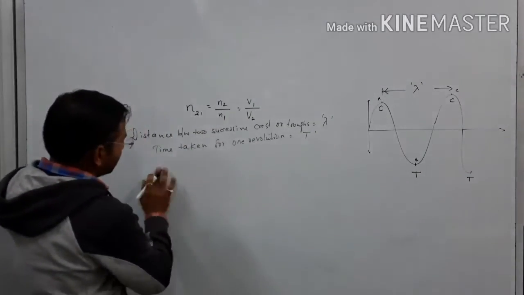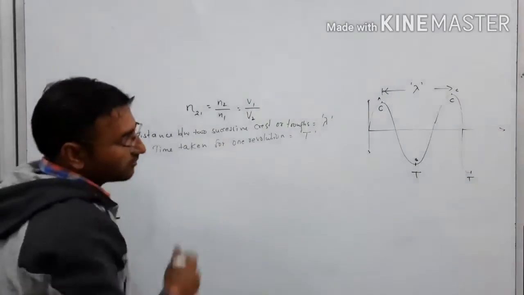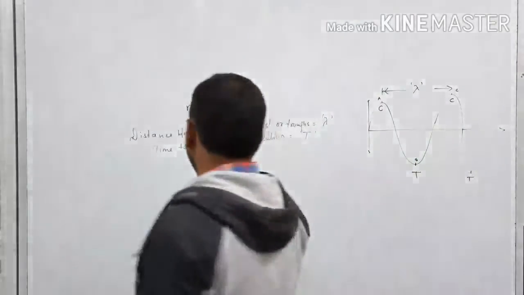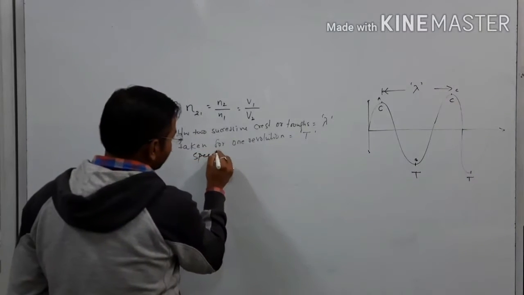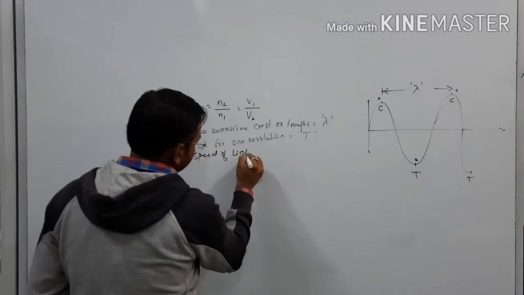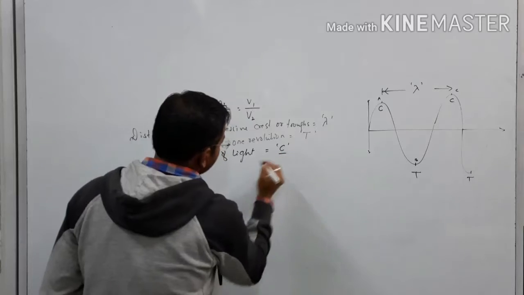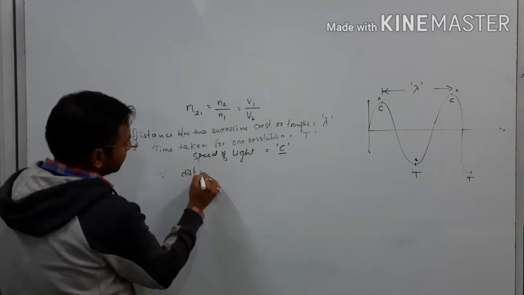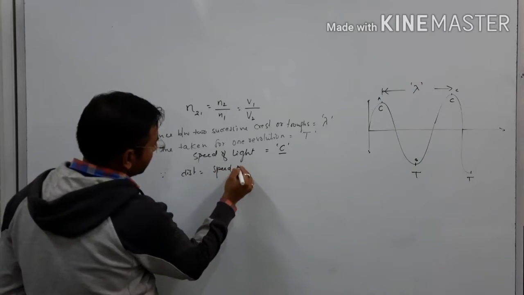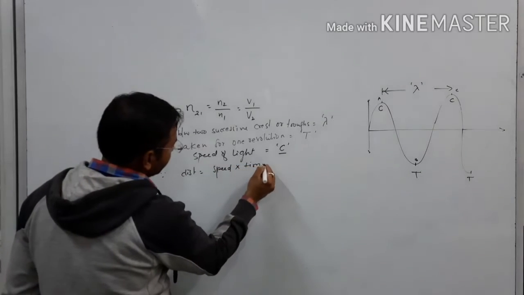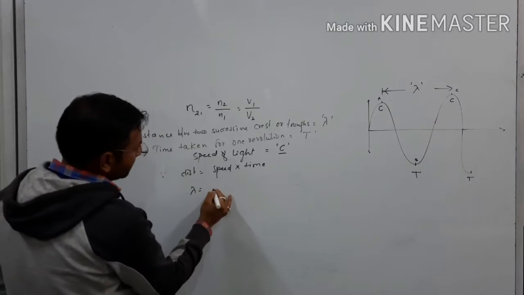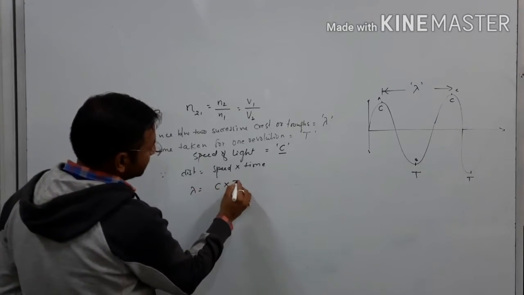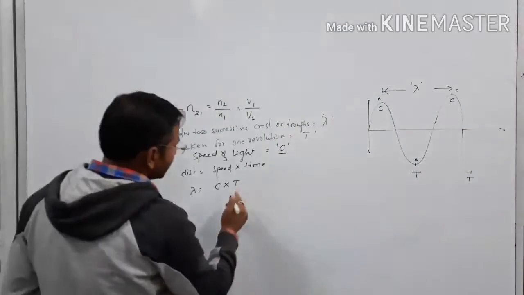After that, when we talk about the speed of light, in vacuum the speed of light is c. Now if we use the formula distance equals speed into time, the distance is lambda, the speed is c in vacuum, and the time is the time period of this wave.